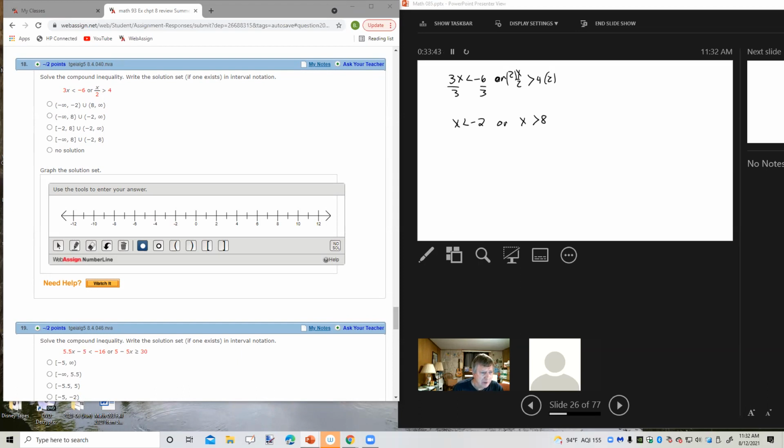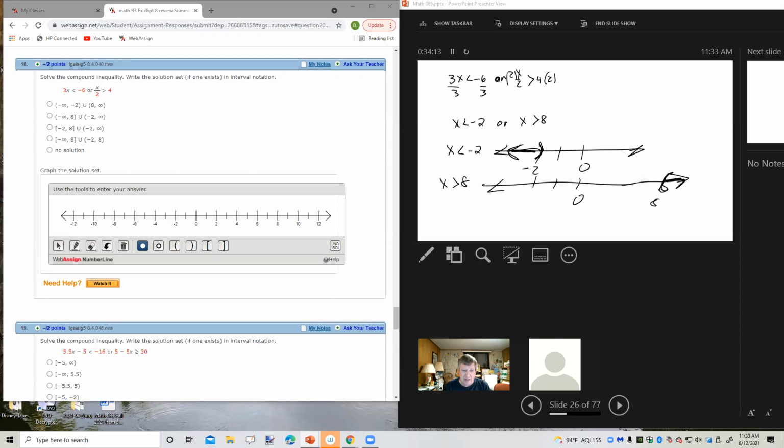All right, solve the compound inequality. So we have, let's see here. Let's graph this thing, see if that helps. X less than -2 would look like that. X greater than 8 would look like that.